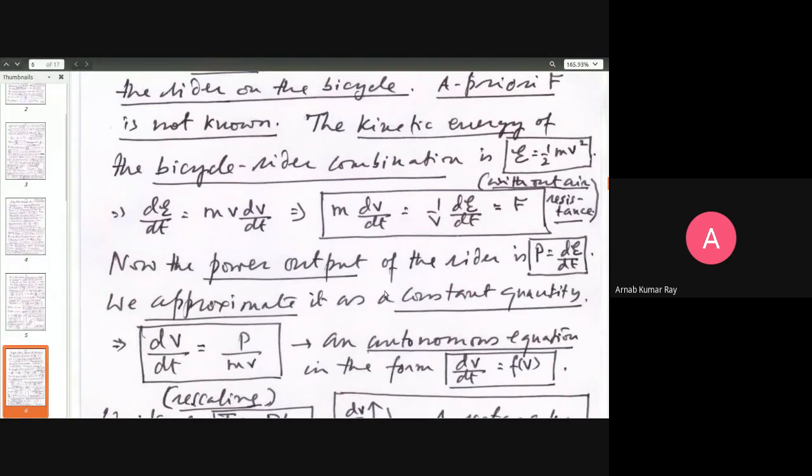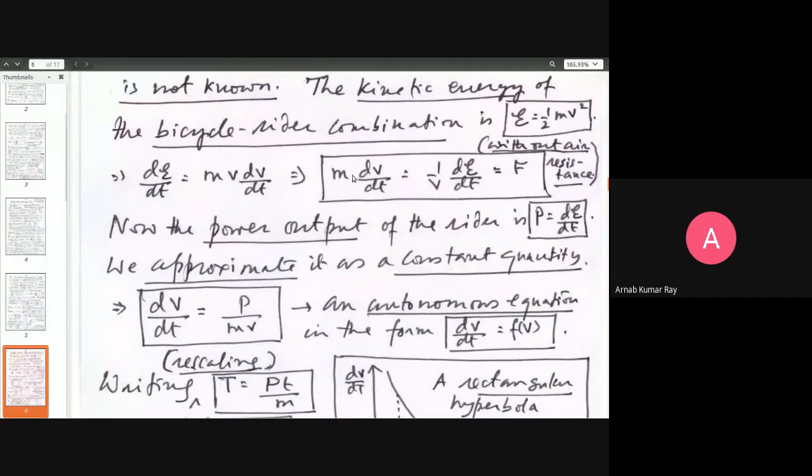Let's say that maximum or optimum rate has been achieved, and therefore the rider is doing work at a constant rate. Power, always remember, is work done per time. I hope you have not forgotten that fact; I'm referring to simple school knowledge of these concepts. So we approximate the power as a constant quantity.